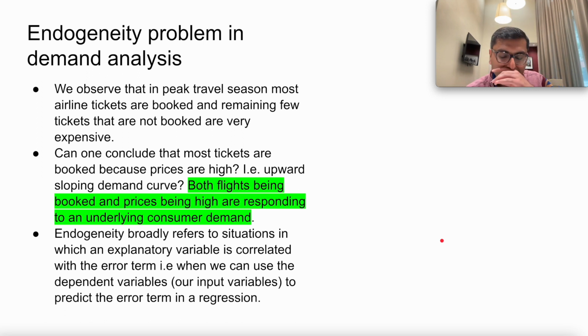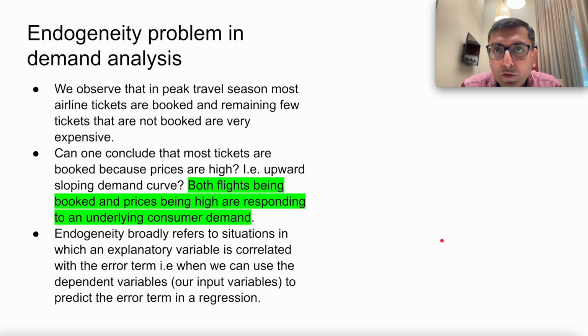So in a sense, if your independent variable is being predicted by, let's say, two dependent variables, and if you can predict the error term with your dependent variable, then there is endogeneity. But if you cannot predict the error term with your dependent variables, then it is exogenous, right? So if it's not exogenous, it's endogenous.